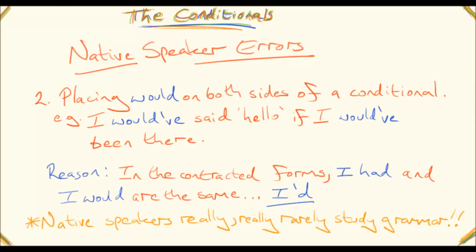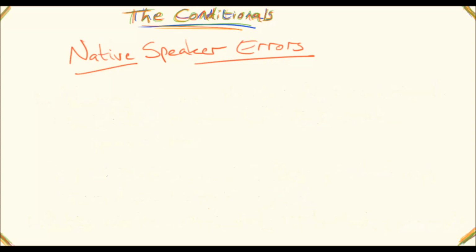We're kind of vaguely aware that we need to throw it into the past, but there's been a mix-up with "I had" and "I would," because in the contracted forms they're the same. And once again, this is due to the fact that native speakers really, really rarely study the grammar. Let's have a look at the final of our mistakes here.